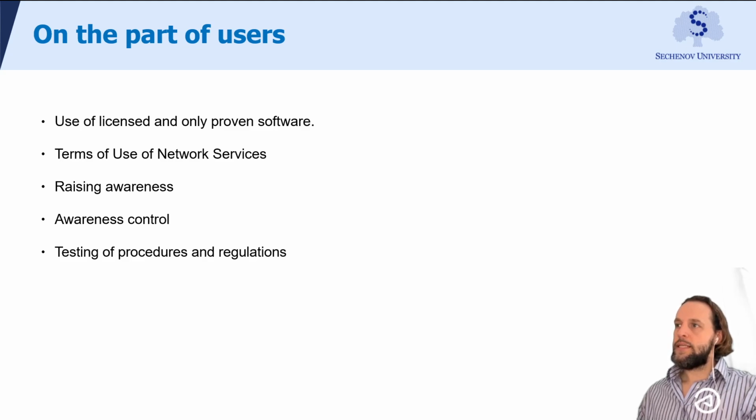Of course, in many cases, breaches in security are related to users' actions, so they could be avoided by raising awareness of what could be done with no risk for data loss and which actions should be avoided. This awareness should be regularly controlled and tested.